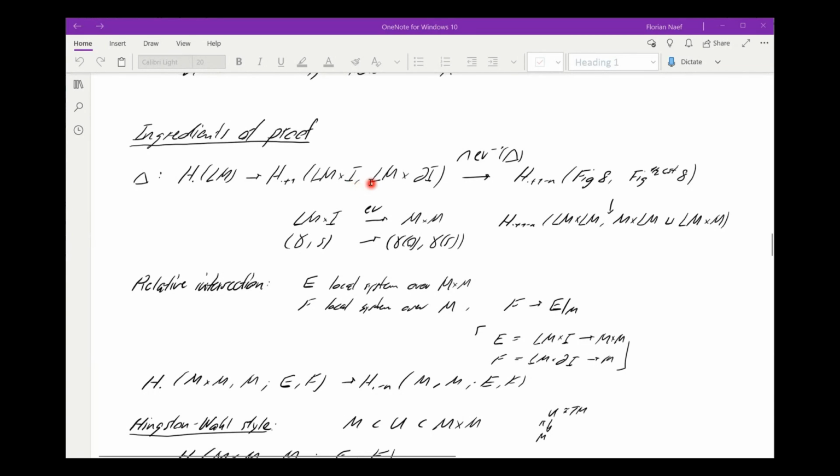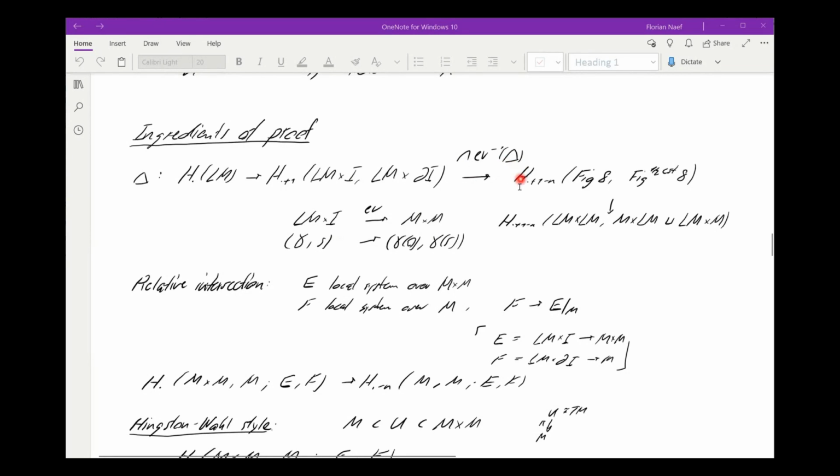A different way of saying this would be that from this loop space times the interval, there's a map into two copies of our manifold. And what we want to do is intersect a class in here with the preimage of the diagonal along this evaluation. We're going to have to figure out how to actually do those intersections.